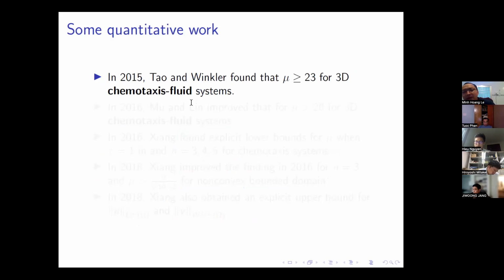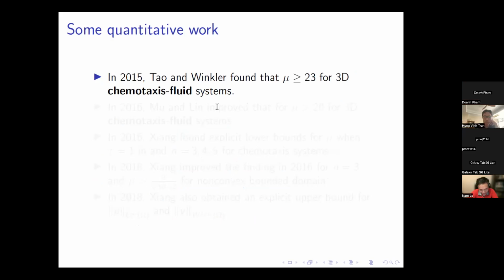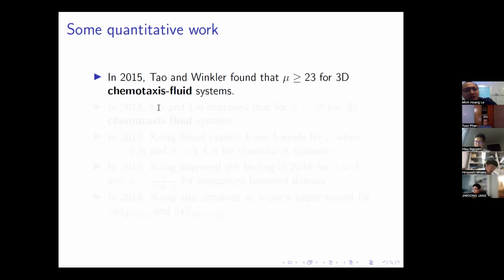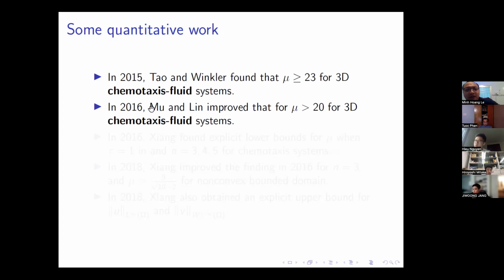So it involves the Navier-Stokes equation, and it doesn't belong to our interest today, so I didn't write the equation here, but it works for the more general equation in chemotaxis. And one year later, Mu and Lin improved that result for mu bigger than 20 in the same system.